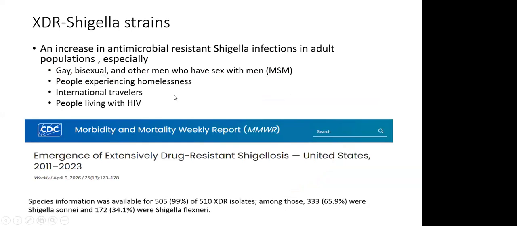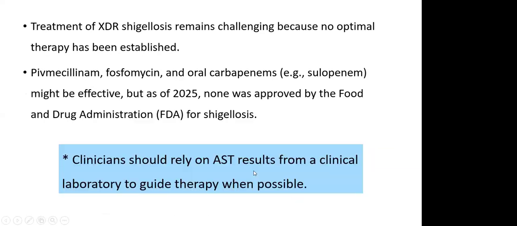These are some factors which may be responsible for the increase in antimicrobial resistance. In a CDC study from 2011 to 2023, they found that most of the XDR strains were associated with Shigella sonnei and some with Shigella flexneri.